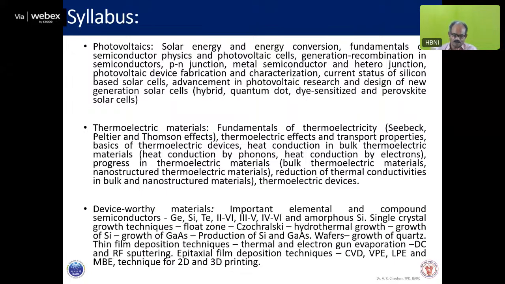And then the important part is device-worthy materials: important elemental and compound semiconductors, and amorphous silicon, single crystal growth techniques, float zone, Czochralski, hydrothermal growth of silicon, growth of gallium arsenide, production of silicon and gallium arsenide wafers, growth of quartz crystals, thin film deposition techniques.